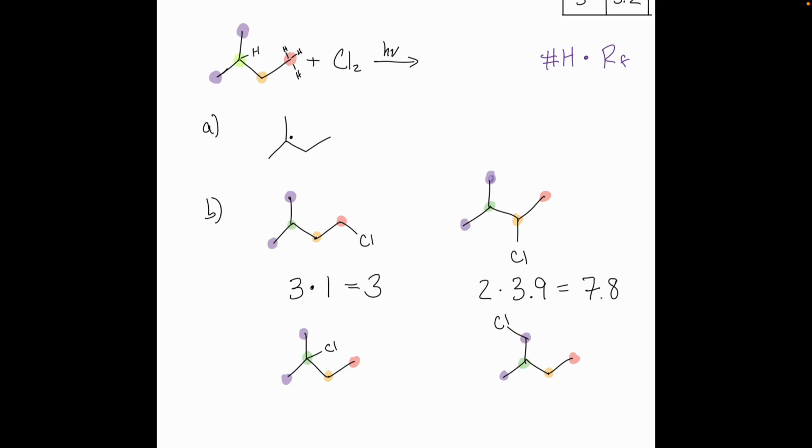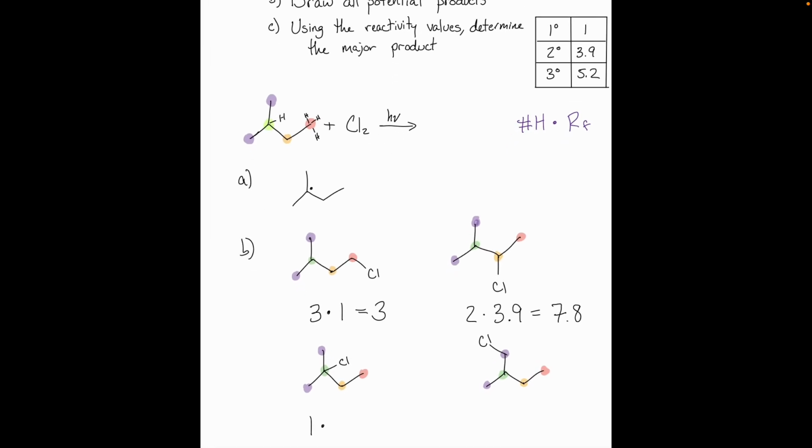So since 3 are pictured, that means that there's 1 hydrogen there. I'm going to multiply that by the reactivity factor. Is this a primary, a secondary, or a tertiary carbon? Tertiary. So I'm going to use that reactivity factor of 5.2. 1 times 5.2 is easy enough to do in our head. 5.2.